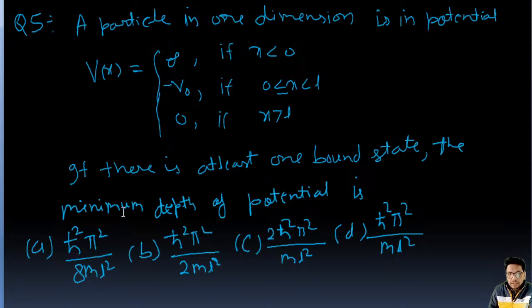This is the question, guys, a very important question. A particle in one dimension is in the given potential: infinite if x is less than or equal to 0, minus V naught if x is between 0 and L, and 0 if x is greater than or equal to L. If there is at least one bound state, the minimum depth of the potential means you need to find the value of V naught.